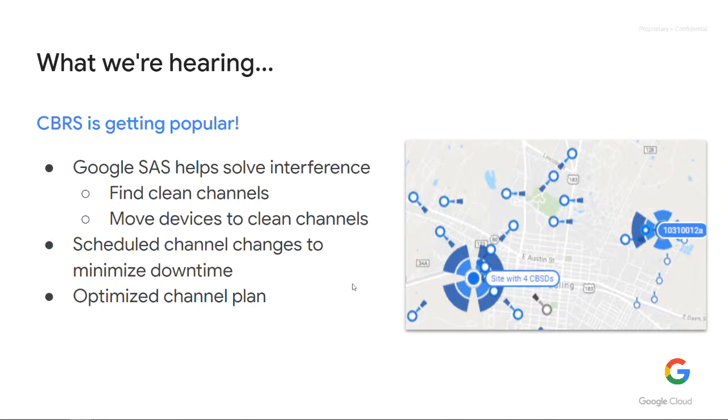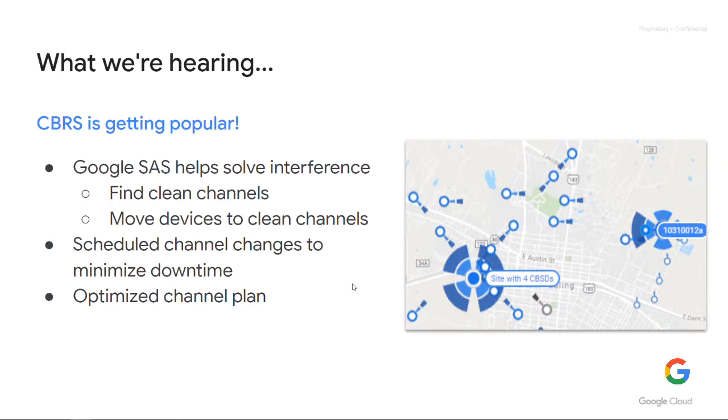The SAS can help you create an ideal channel plan, a holistic view of your network in specific areas, because the SAS has the compute power to do that. And it also has channel knowledge for all the CBSDs that are connected to every SAS, because the SAS knows not just about its own devices, but all of the devices on CBRS. And so we can use that information to compute that ideal channel plan for you.